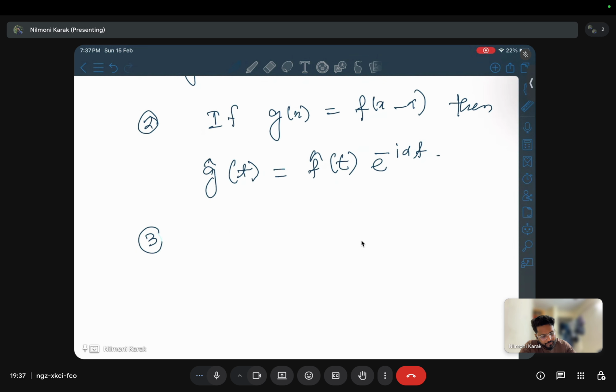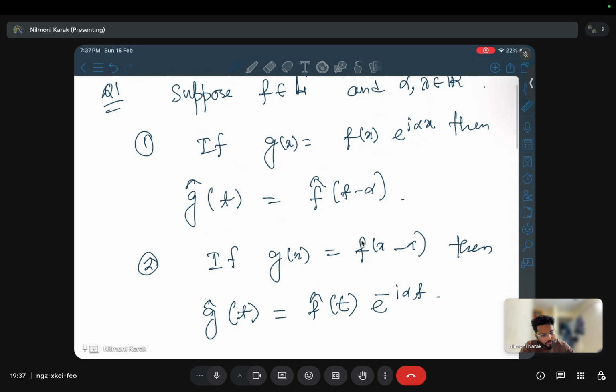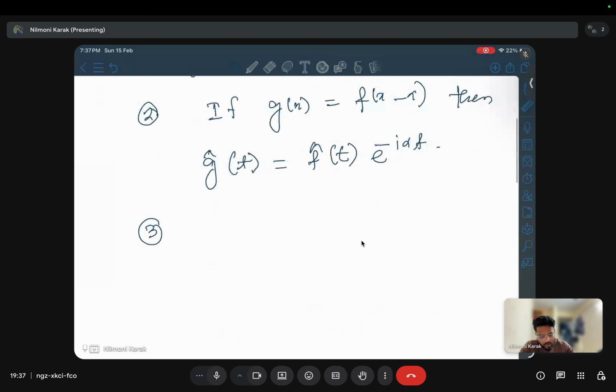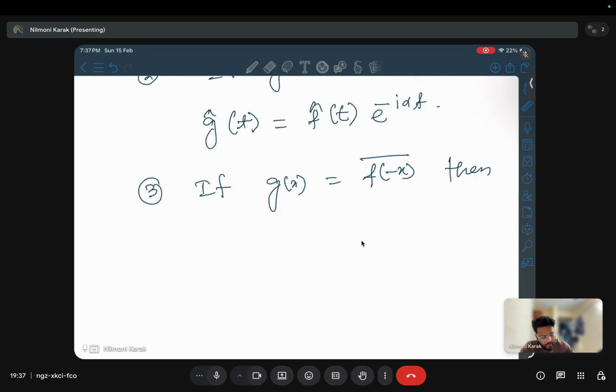Also, if g(x) equals the conjugate of f(minus x), then g hat of t equals the conjugate of f hat of t.